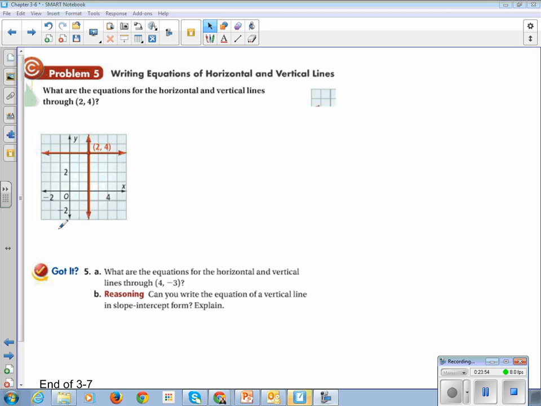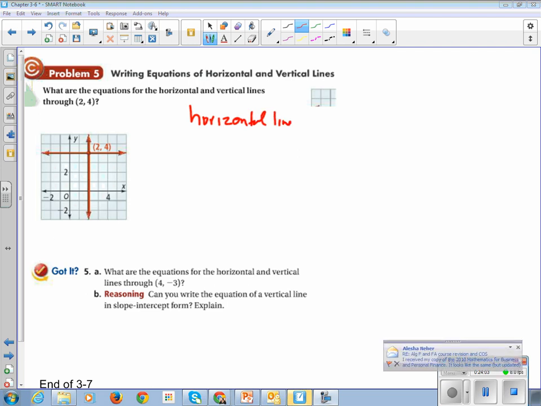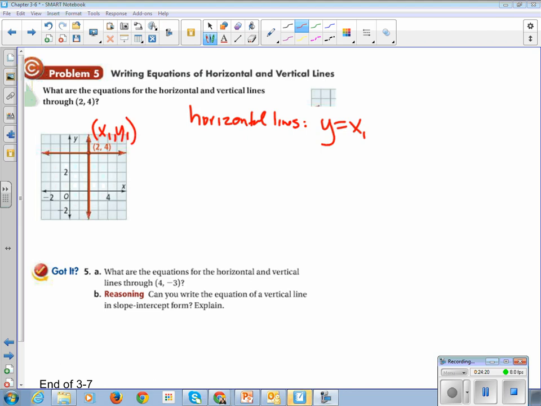So let me tell you that horizontal lines are always y equals our x coordinate. So this is x1, y1. We use the same naming convention.